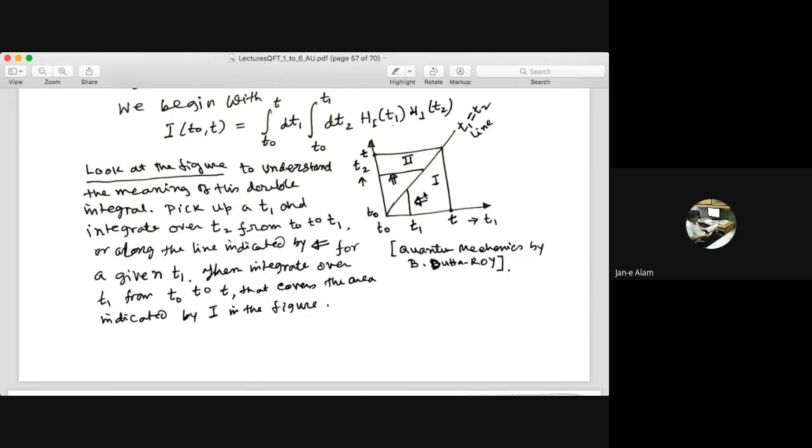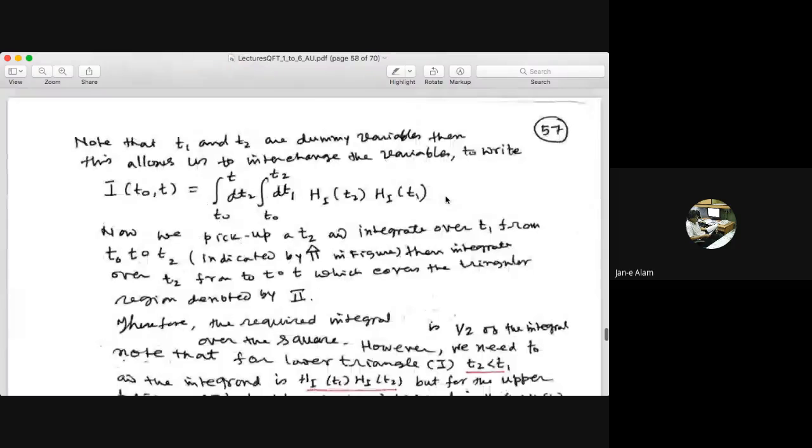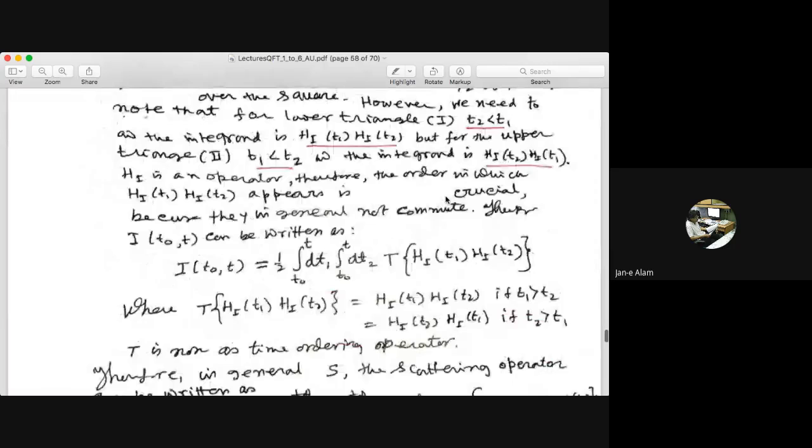Since T1 can be greater than T2 or T2 can be greater than T1, that is forcing me to introduce a time ordering operator here. That is the whole story.